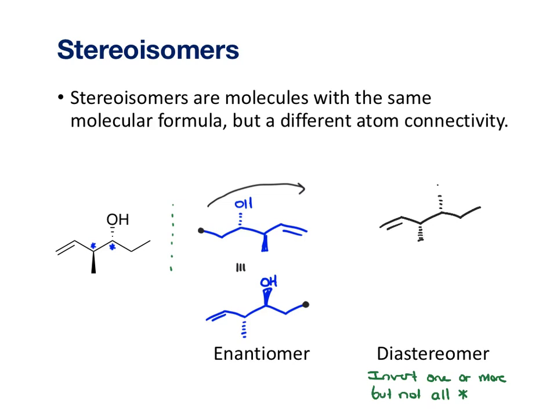We'll leave the OH as it was in the original molecule. Or you could do the opposite. Keep the methyl as is and invert the OH. Structures A, B, and C are all diastereomers of one another, and they are three different structures, three different molecules.